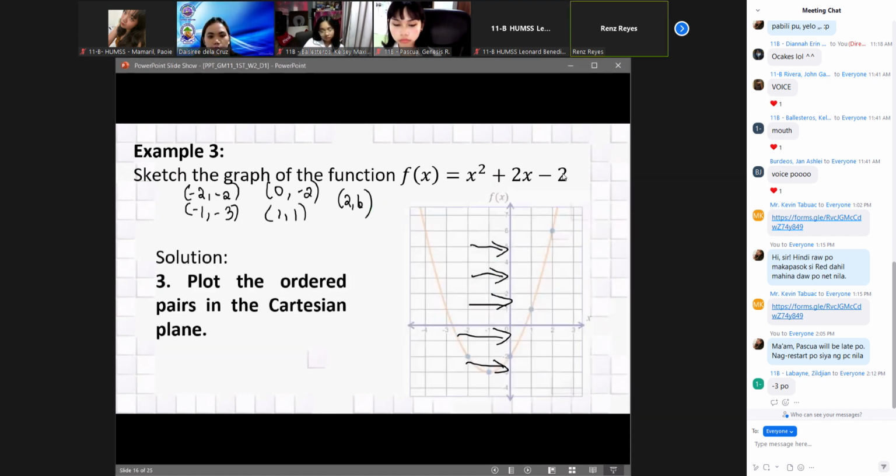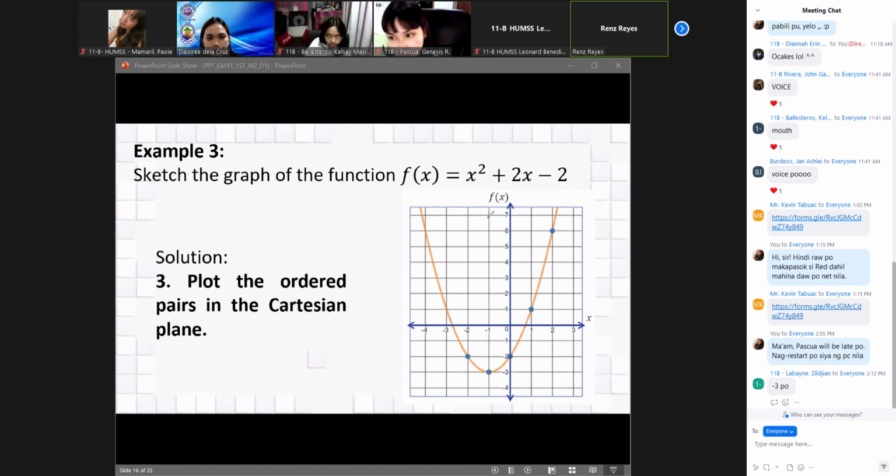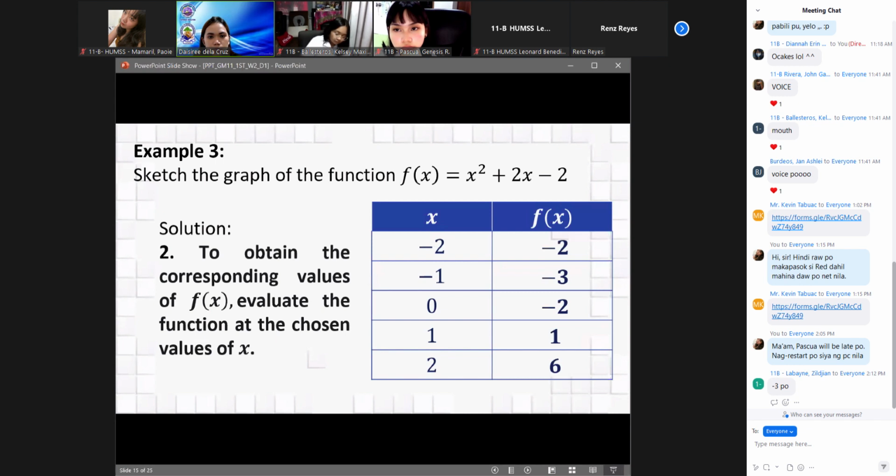Okay? So, ang pag-graph, ganito po ang magiging itsura. So, first, kopyahin ko lang ulit ha. Nawala yung inannotate ko.